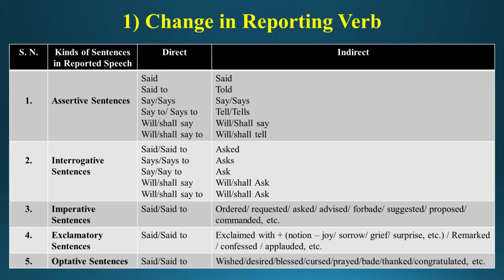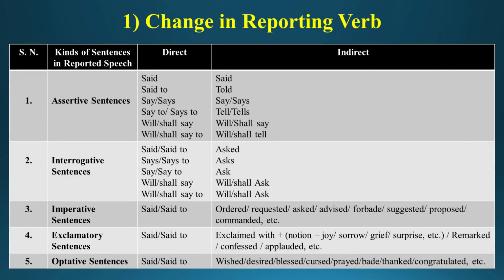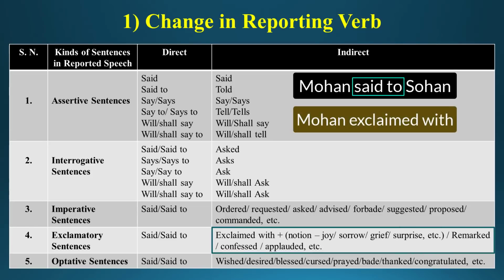In the same way, if there are exclamatory sentences in the inside part, then you will make a change like this. Suppose Mohan said to Sohan. So you will change it into Mohan exclaimed with joy, with sorrow, with grief, with surprise. Or you can also say Mohan remarked, Mohan confessed, Mohan applauded, and so on.